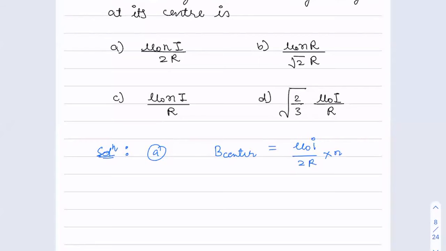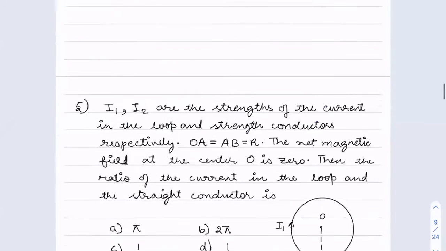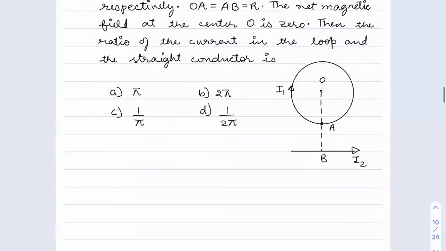Fifth question. I1 and I2 are the strength of current in the loop and in the straight conductor.